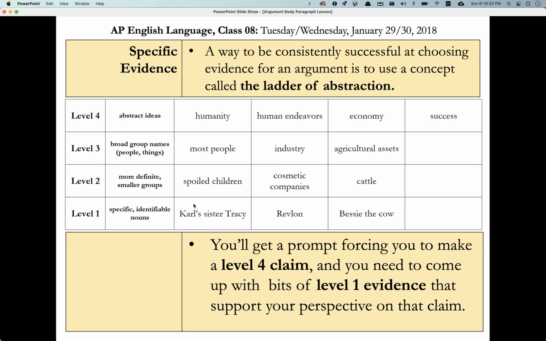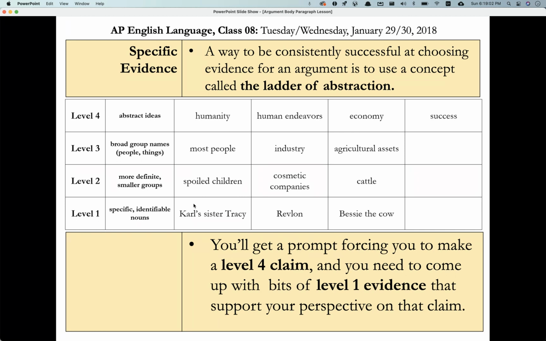Maybe young people might be a better thing to put in that box, honestly. And then humanity is on top. With the third one we can look at here, with economy, Bessie the cow is a single cow. She falls into a category of cattle. Cattle are part of agricultural assets, which have some functioning in the economy.